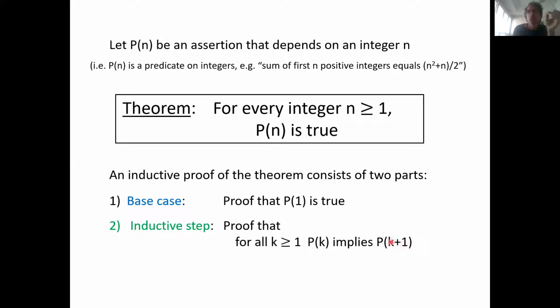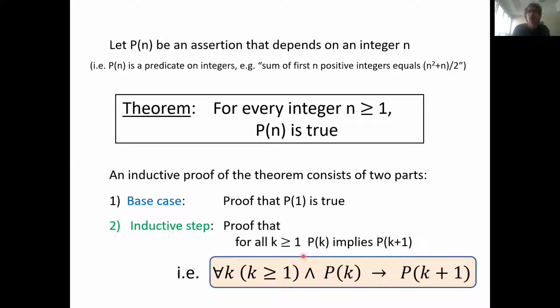Typically, this inductive step is the whole logic of the inductive proof, and it's usually the harder part. The base case is a direct proof that the predicate holds for one particular integer, and the inductive step is a proof that if a statement holds about integer k, then it holds about k plus 1, regardless of what k is, except that it has to hold for any k greater than or equal to 1.